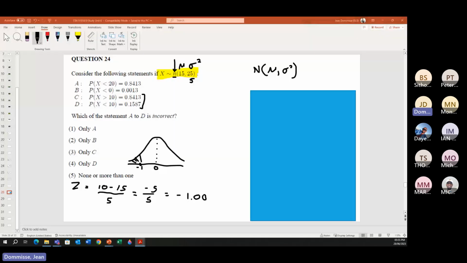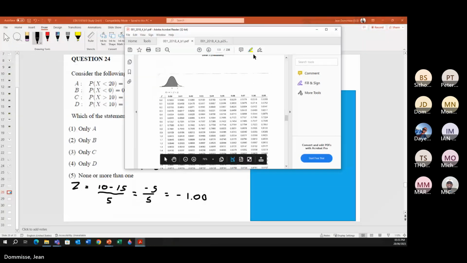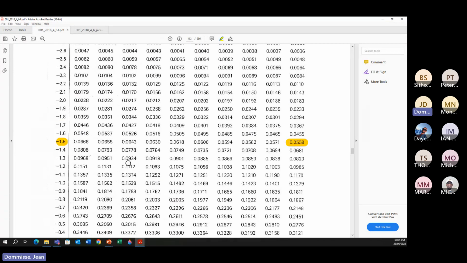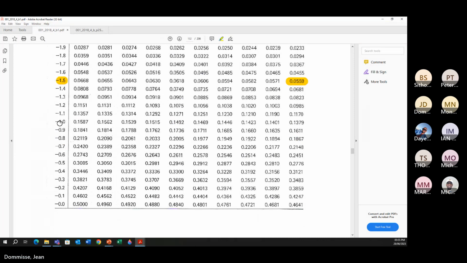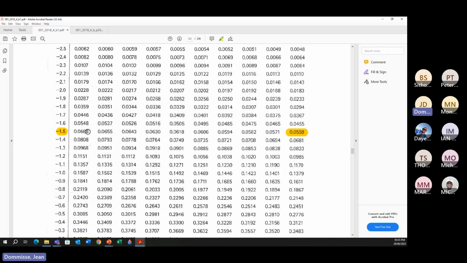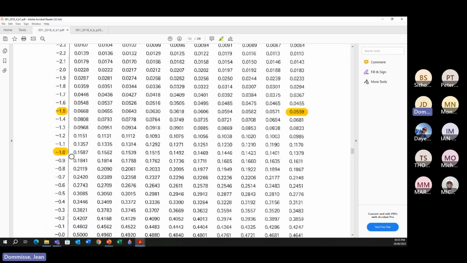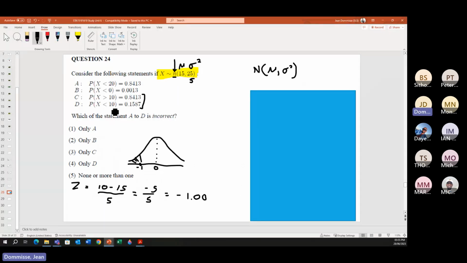Let's go to the table. We go to minus 1.00. There's the 0.00, so it's that first number: 0.1587. So when it's smaller than 10, it's 0.1587, perfect.